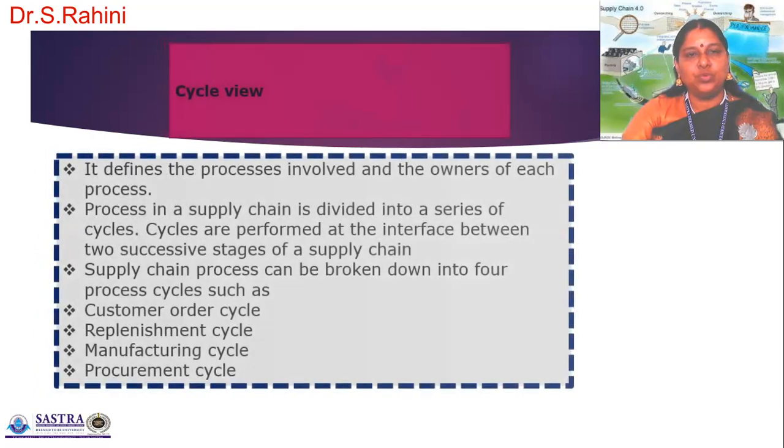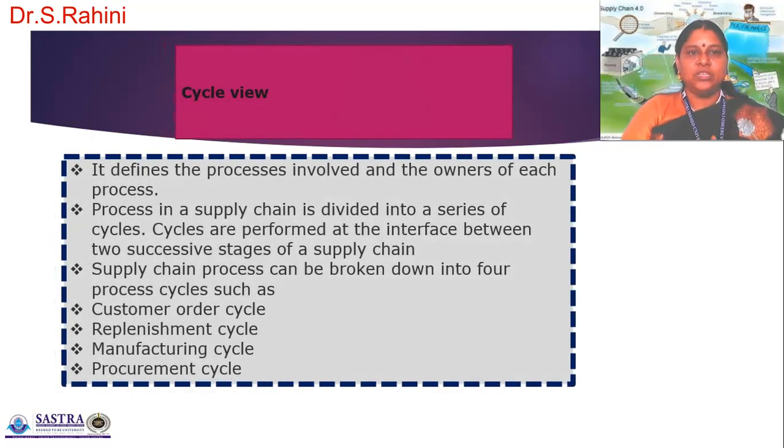When you talk about the cycle, you have to talk about the components or the people acting on it. So the cycle view defines the processes involved and the owners of each process. The process in the supply chain is divided into a series of cycles. Already I told you, cycles are performed at the different stages, at the interface between two successive stages of supply chain.